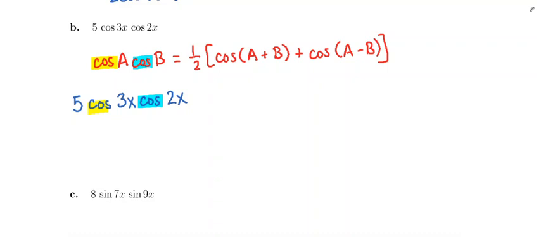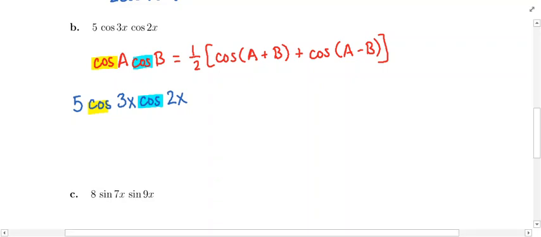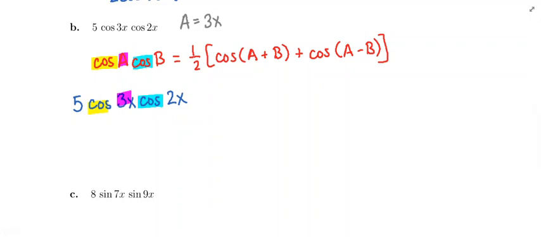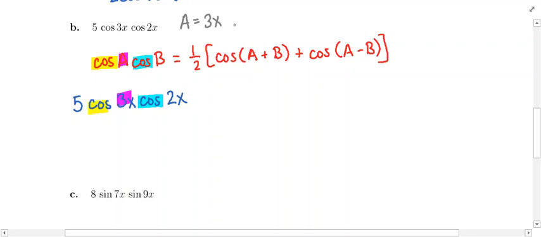Okay, so I can figure out my arguments. I can go ahead and write those down. So the first cosine, we're taking the cosine of 3x, so that's going to be the A value. Okay, so A is going to be 3x because these guys match. Okay, and then the B value is going to be the argument of the second cosine, so that's going to be 2x because these guys match.